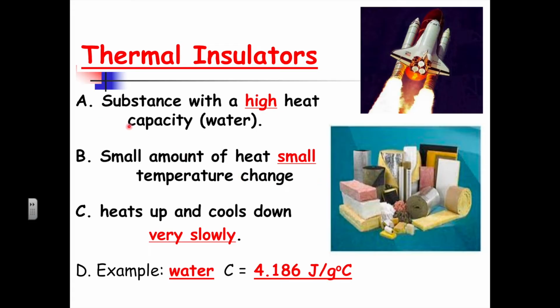So thermal insulators are things that have high specific heats. You know, something like on the space shuttle, the bottom of the space shuttle was coated with this silicone so that it could absorb quite an intense amount of heat.